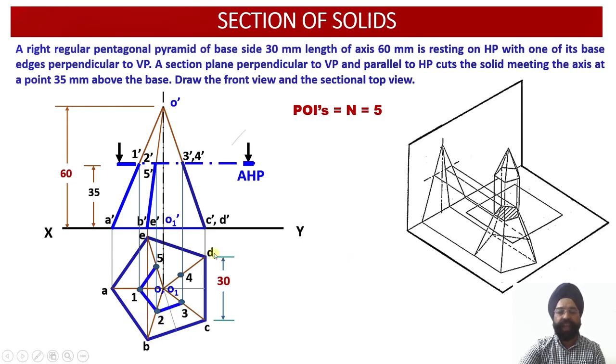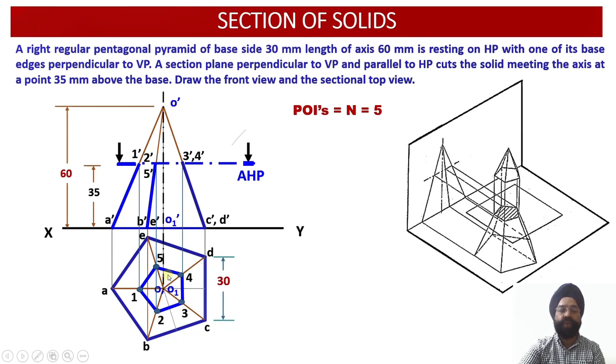Once we join all these POIs, you can see these edges, and after joining these edges, we obtain the true shape of the cut section in the top view. Just see, we have obtained the true shape.